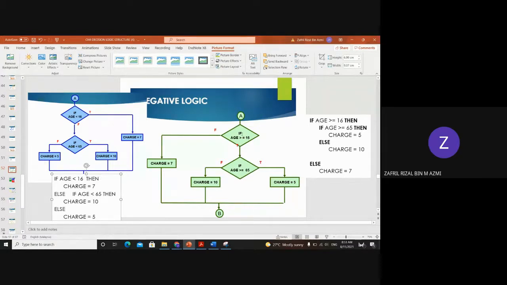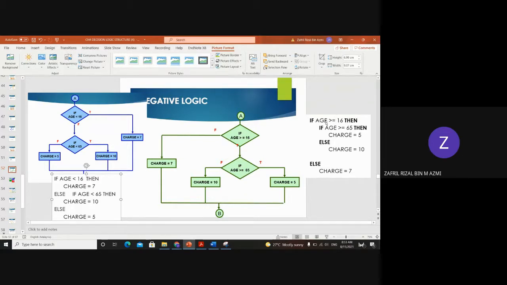Alright, you see, if this one is true, it will enter the next. So this decision belongs to this. This is a child of this, that's why we indent it. All the statements over here are children of this statement. If this one is false, charge equal to 7.